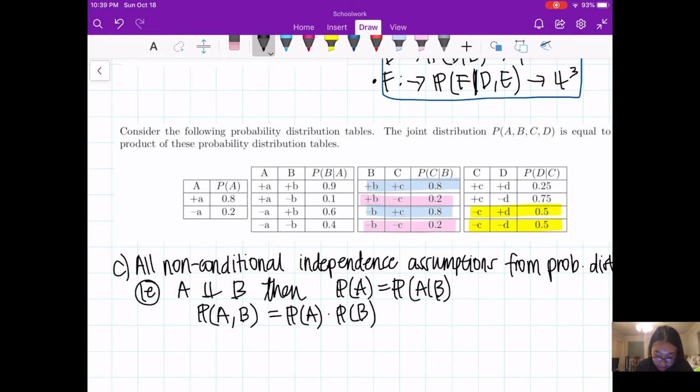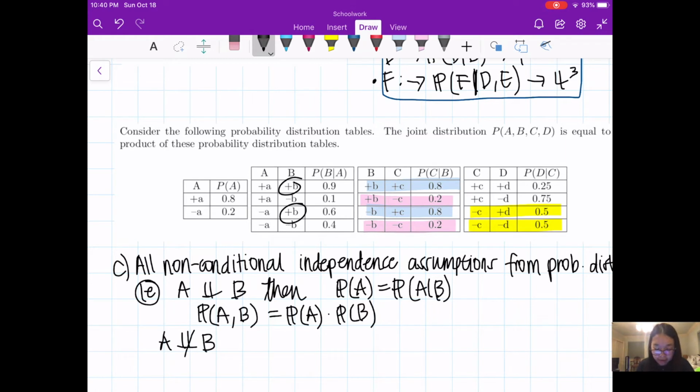So for example, we can see that A is not independent with B. If you look at this table and flip it around, B given A should be the same when you have plus B, no matter whether your A's are minuses or not.